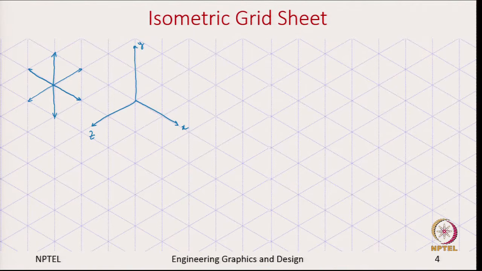As you can verify, it is a right handed system, because if you point your fingers along the x axis and then curl towards the y axis, the thumb points towards the z axis. Of course, there are other ways to show this.